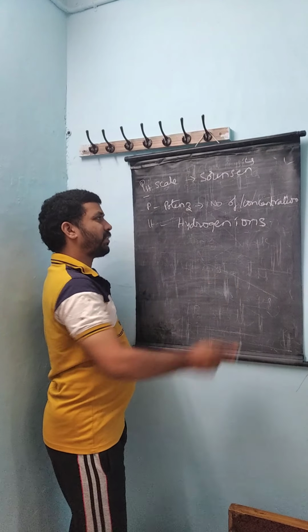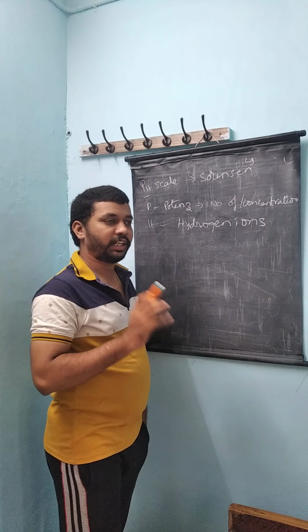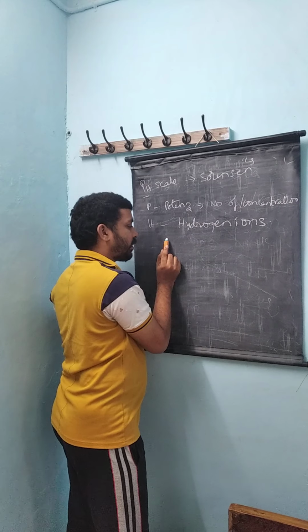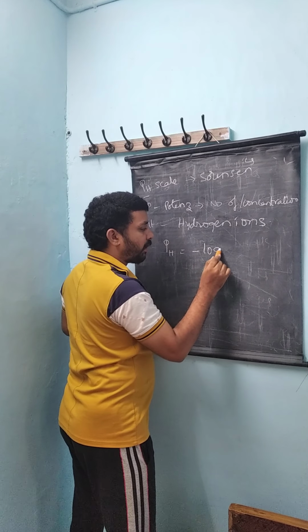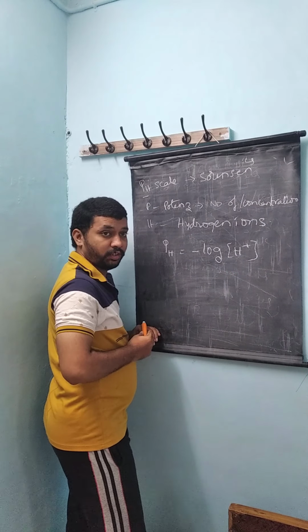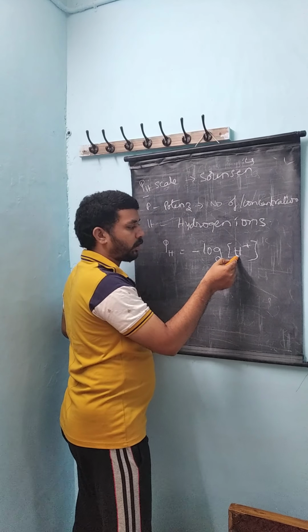As we term it a scale, it consists of certain numbers, and the general formula for the pH value is pH equals minus logarithm of H plus ions. If we place H plus ions, it indicates an acid.